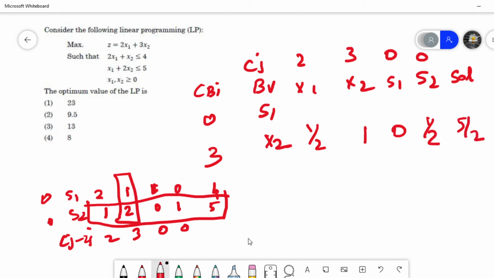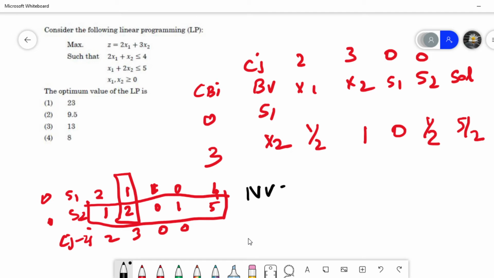Okay. So now we are going to calculate the new value for rows other than the key row. So 2, 1, 1, 0, 4. What is the formula for calculating the new value?